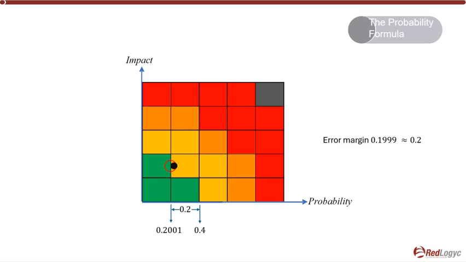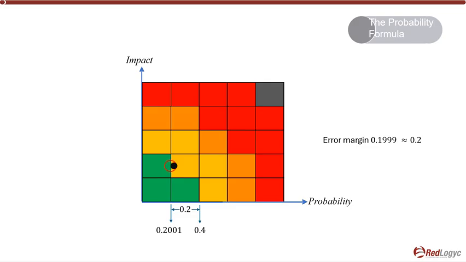If every square in the heat map has a 20% span over the probability axis, this is, 5 squares add up to 100% probability. The error margin, or the maximum error, is about 20%. This is, a risk in the yellow square goes from 0.20001 to 0.4.